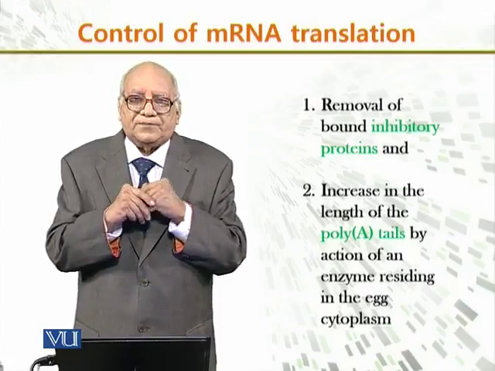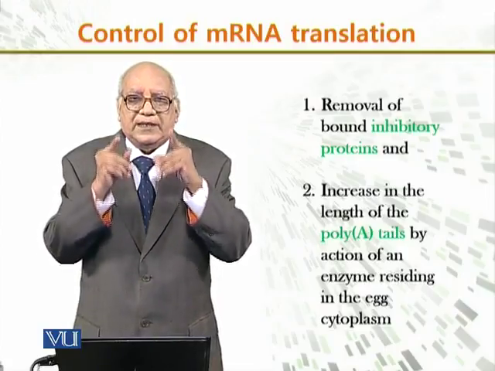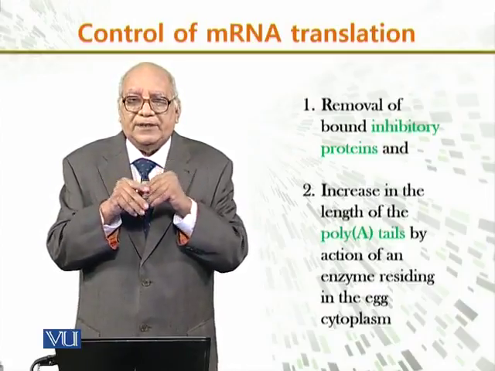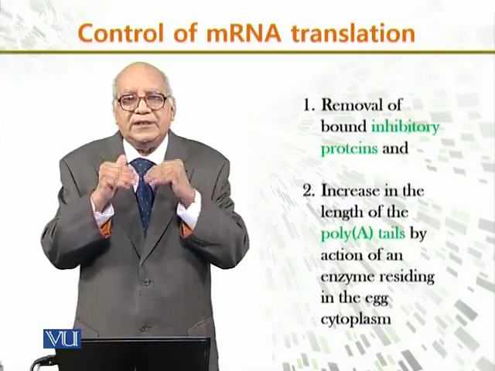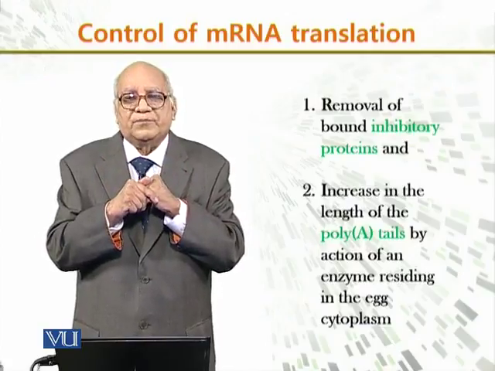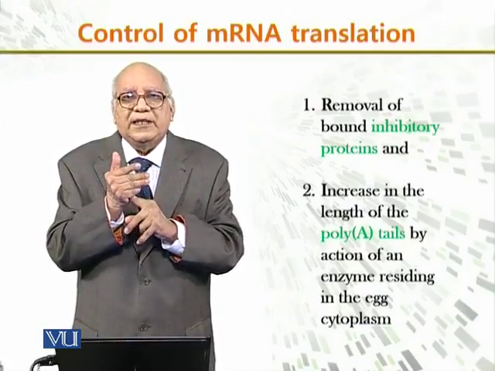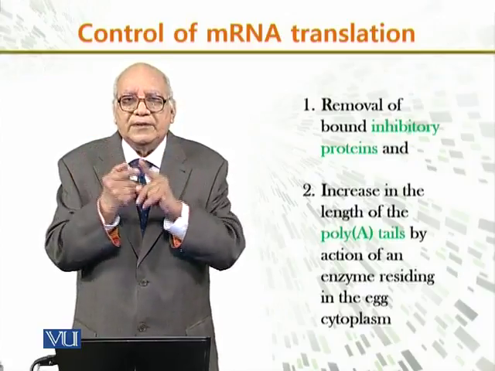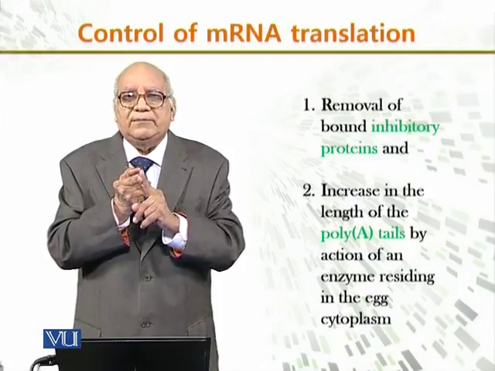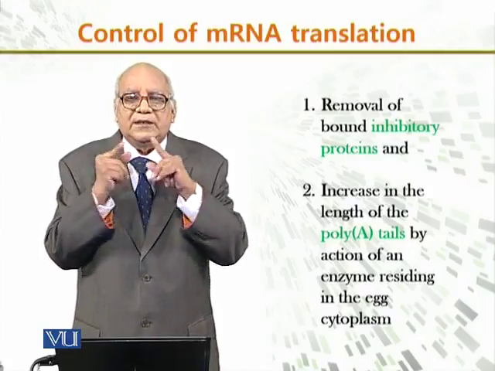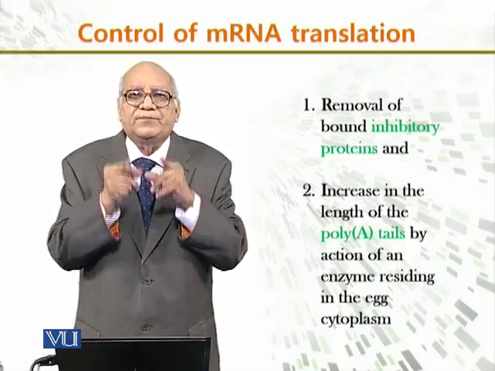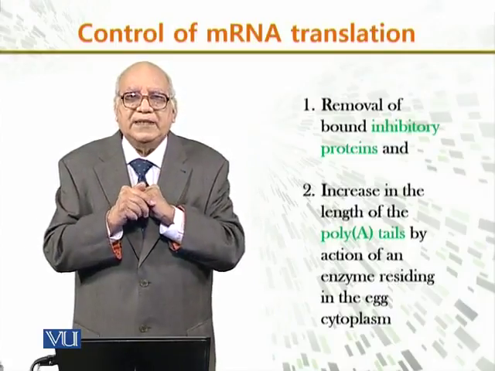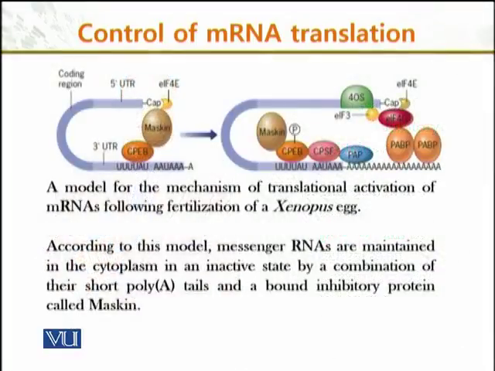The second is an increase in the length of poly-A tails by the action of an enzyme which resides in the egg cytoplasm. So the poly-A tails are elongated, and at the same time the inhibitory proteins are removed from these RNAs so that they become active.